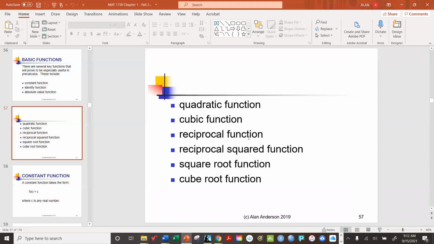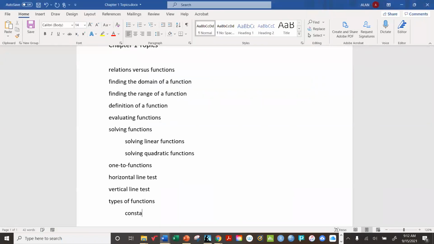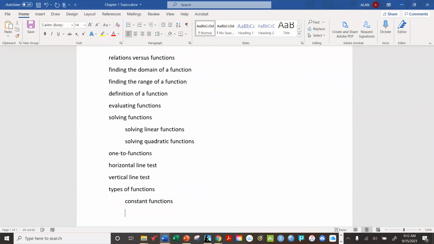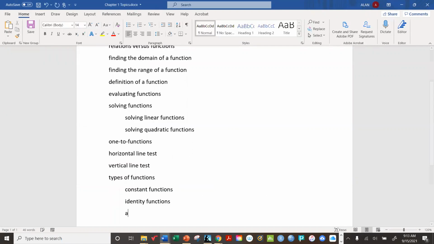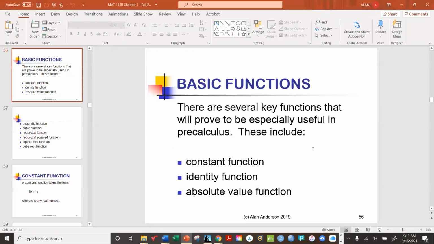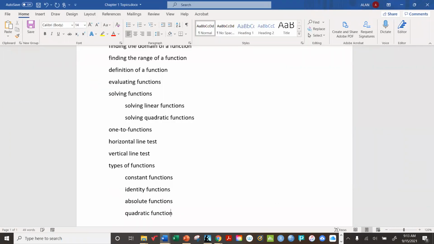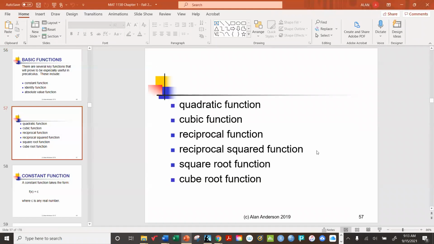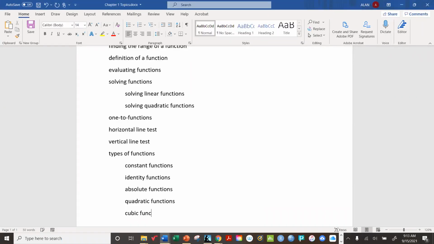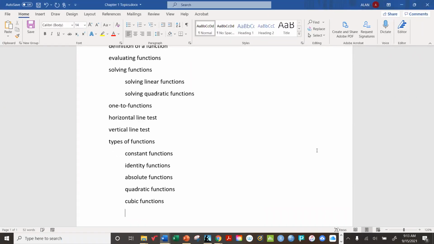Well, this was meant to be a brief introduction to these types of functions: constant functions, identity functions, absolute value functions. And again, what you want to know is what are they and what are their properties? What do they look like? We'll see these all again, by the way. This was almost like a preview for a movie. You see on TV, they show you some exciting highlights.